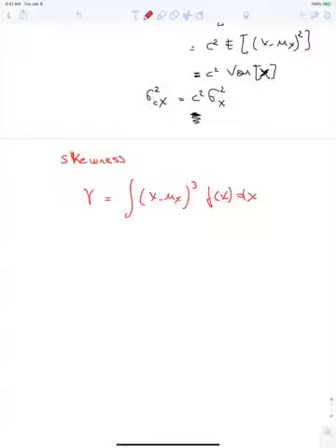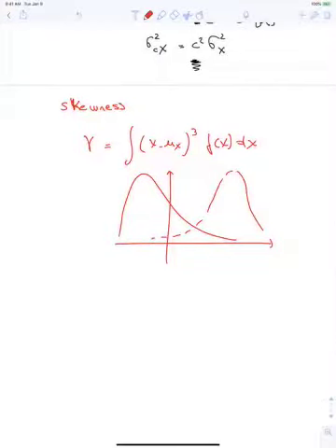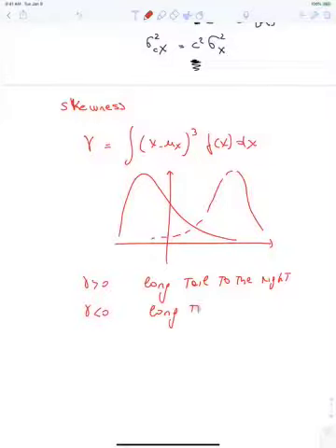This property here measures if a distribution is skewed to the right or to the left. Like this distribution here would be skewed to the left. This distribution here would be skewed to the right. So if gamma is positive, it means that we have a long tail to the right. And then gamma negative means that we have a long tail to the left.